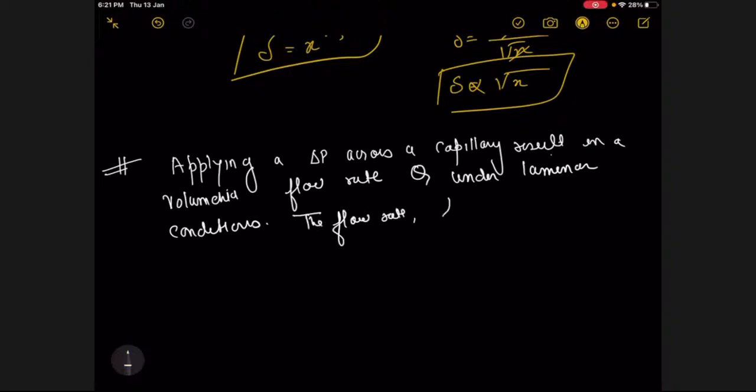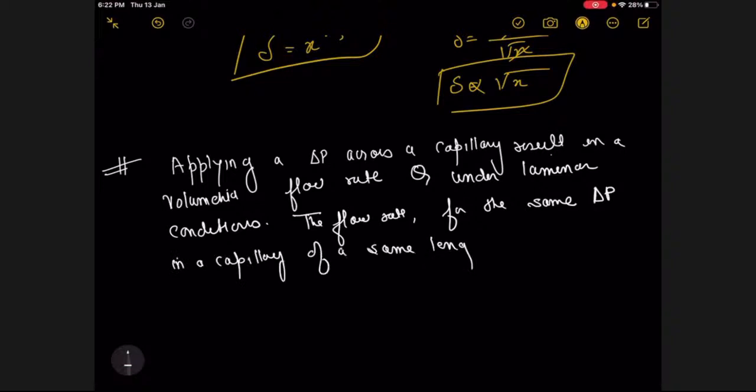The flow rate for the same delta P in a capillary of the same length but half the radius is?